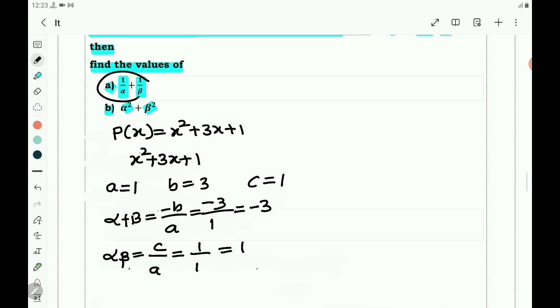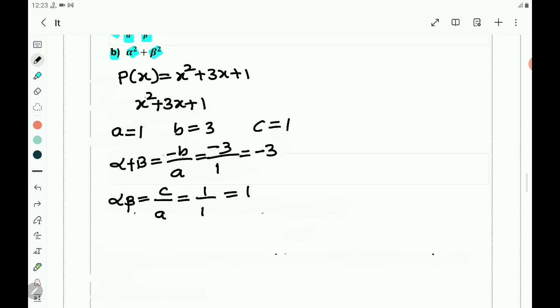Now you take this one, A. 1 by alpha plus 1 by beta. Take the LCM here. What is the LCM of alpha and beta? The product of alpha and beta becomes the LCM of alpha and beta. And the numerator, here 1 by alpha is there, so 1 needs to be multiplied by beta.